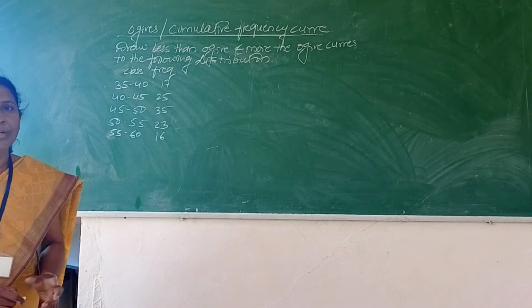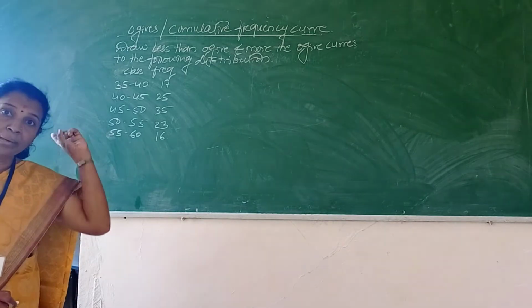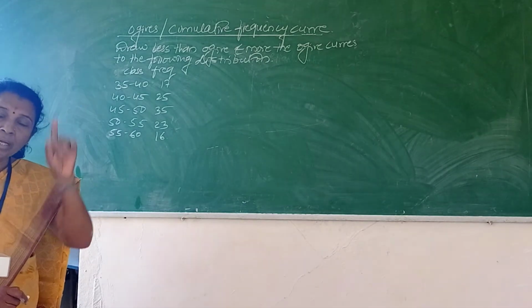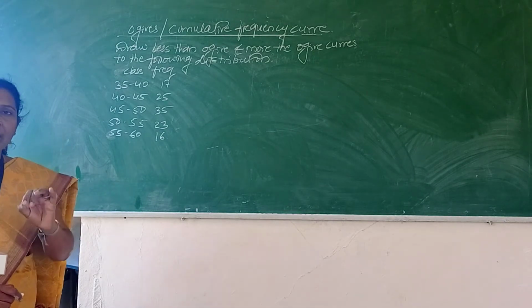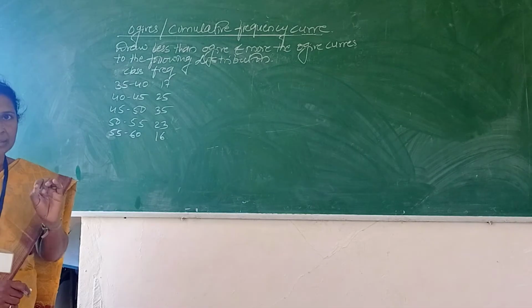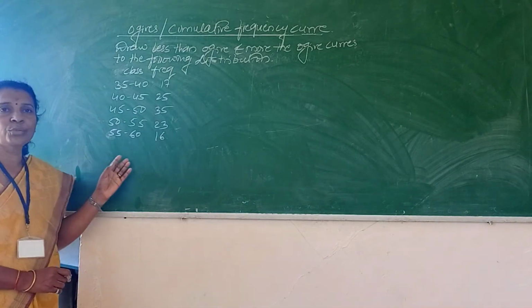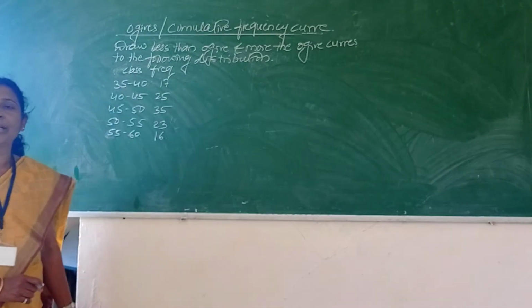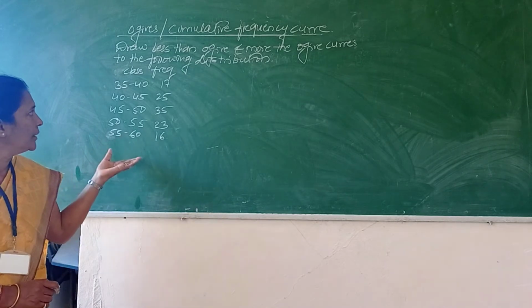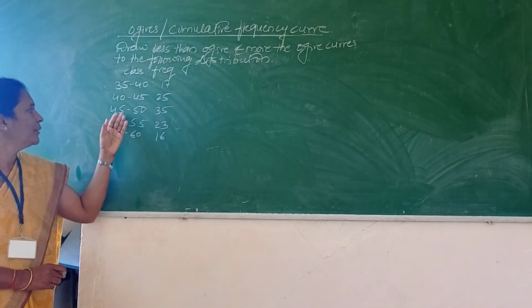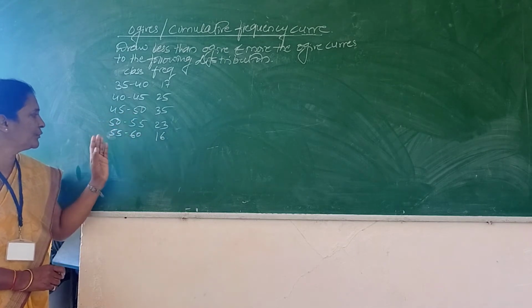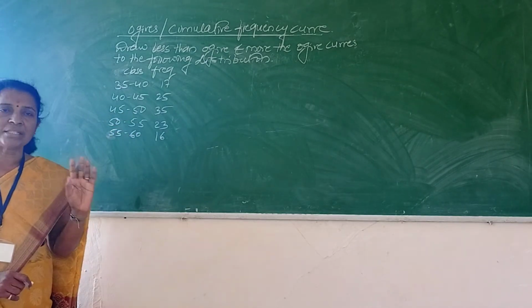Both are asked, and do remember both the curves are to be drawn on the same graph sheet. Now what is given to you? Class and frequency. Here classes are 35 to 40, 40 to 45, 45 to 50, 50 to 55, 55 to 60.